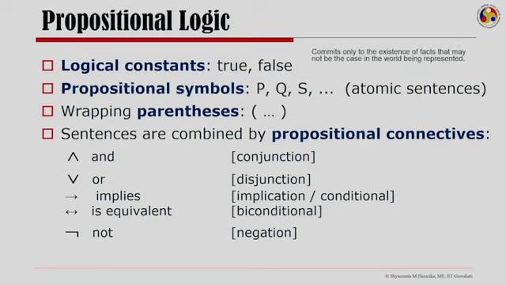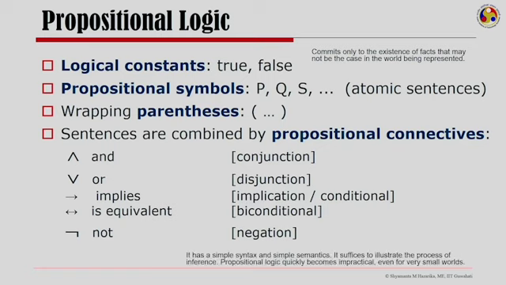Propositional logic commits only to the existence of facts. That may not be the case in the world being represented. It has a simple syntax and very simple semantics. Propositional logic is sufficient to illustrate the process of inference, as I have done in that weather example.